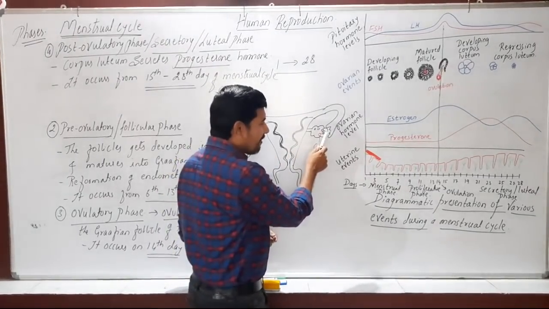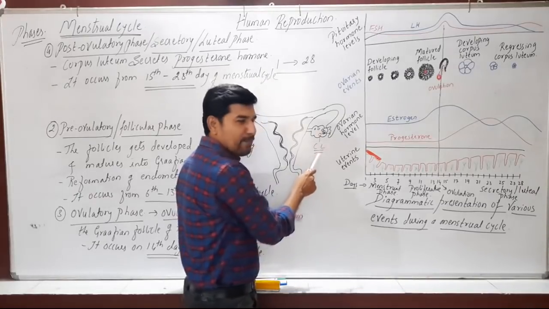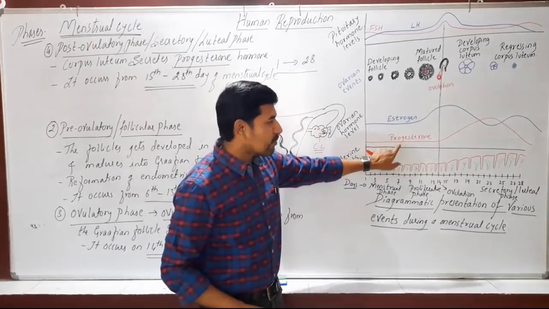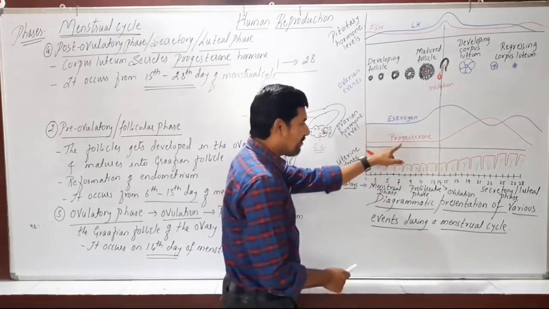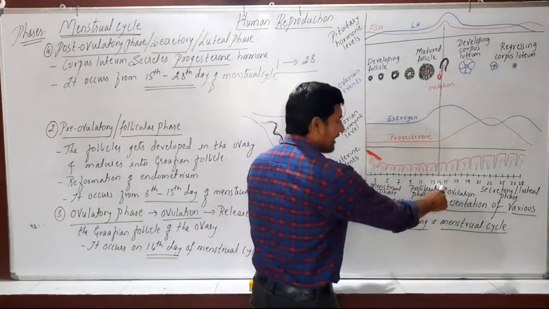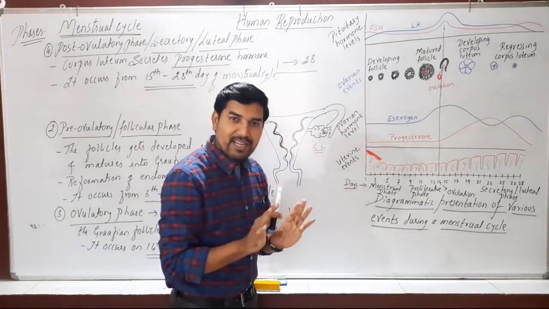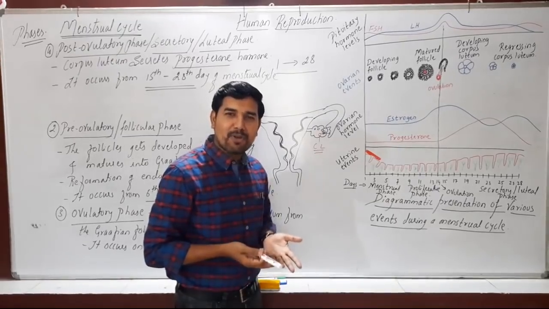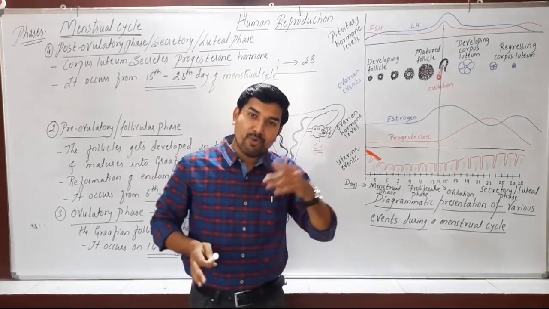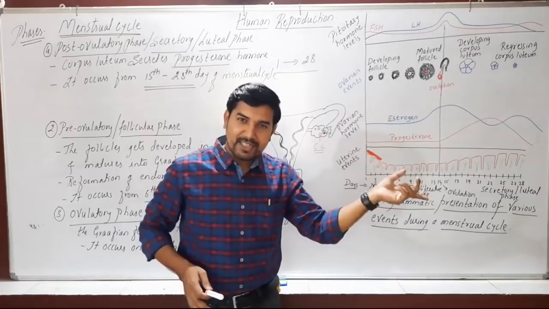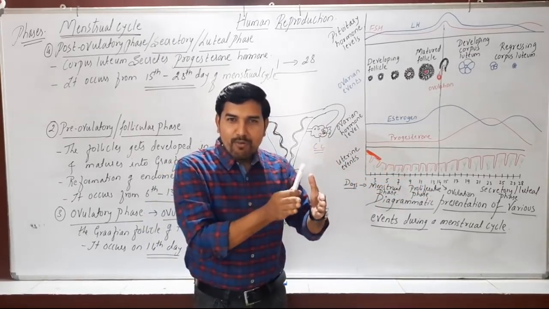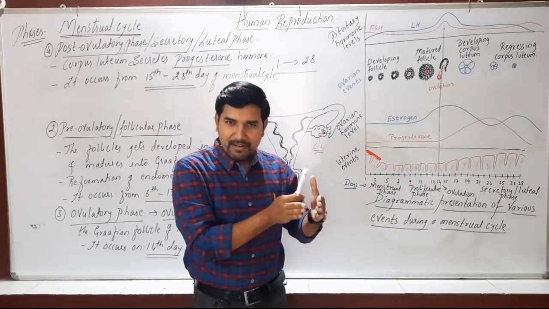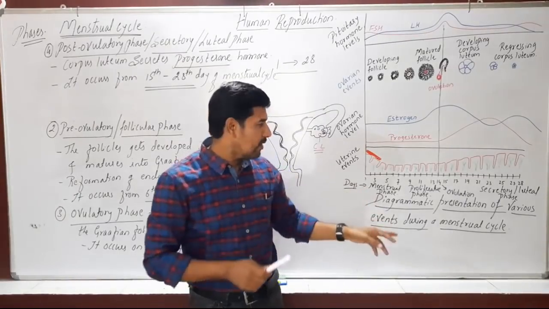Then the Graafian follicle, when it converts into corpus luteum, will secrete the next hormone called progesterone. Look at the level of the progesterone. Up to 14th day, there is no progesterone. Why? Because corpus luteum is not at all formed. Corpus luteum is formed after ovulation, after 14th day. That means it starts to form from day 15. From day 15, corpus luteum starts to form.